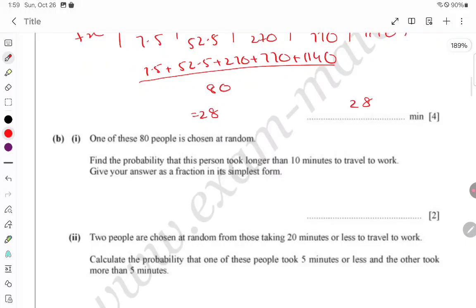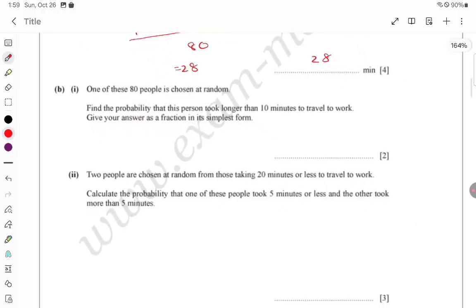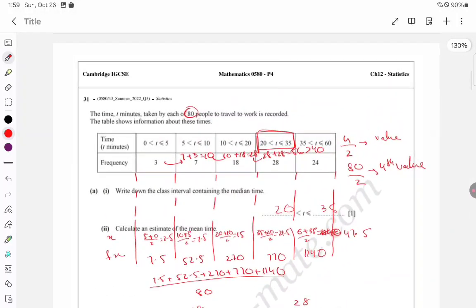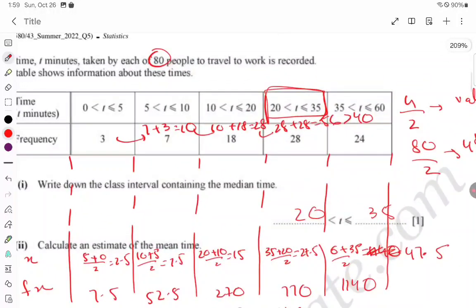In part B, one of these 80 people is chosen at random. Find the probability that this person took longer than 10 minutes to travel to work. Give your answer as a fraction in the simplest form. Longer than 10 minutes means we will not consider this one because it is equal to 10, and not this one.